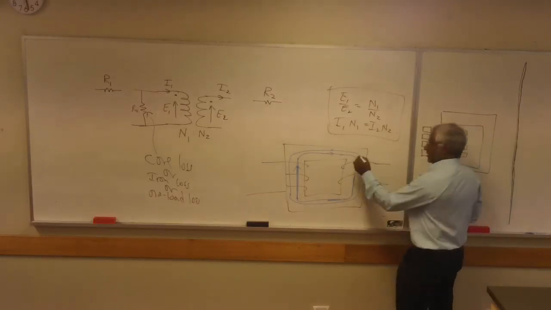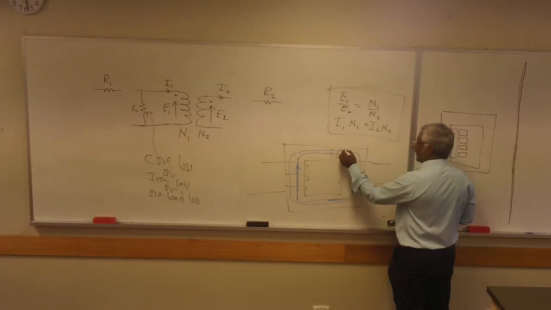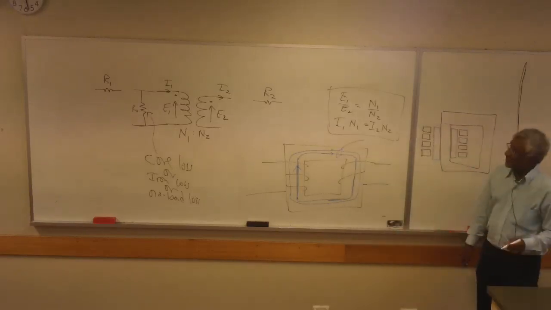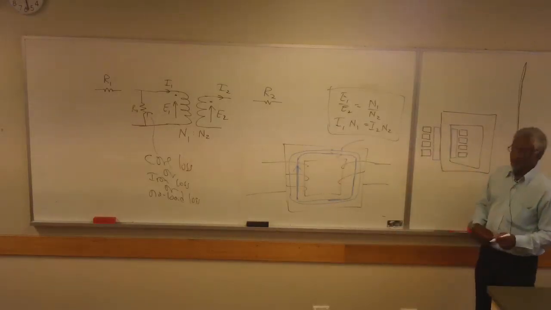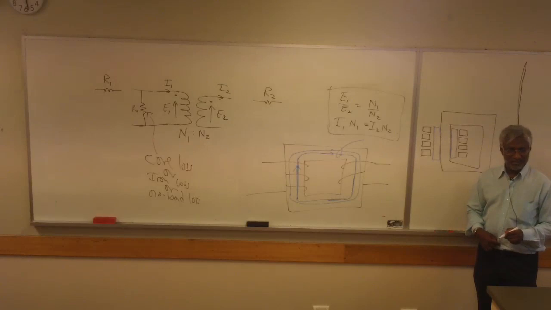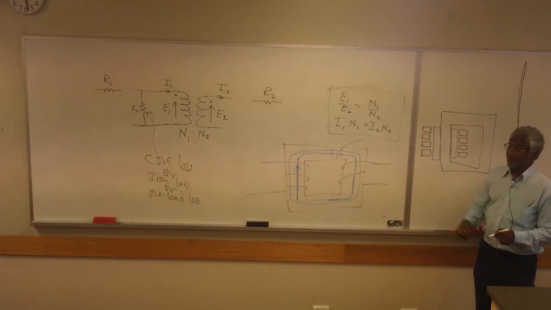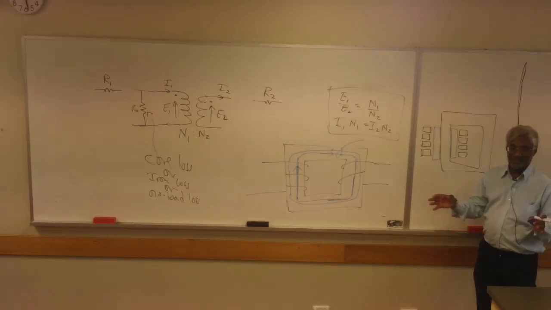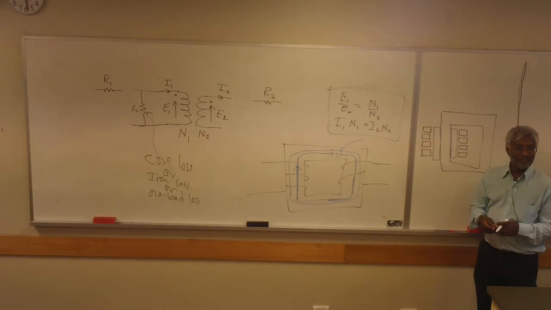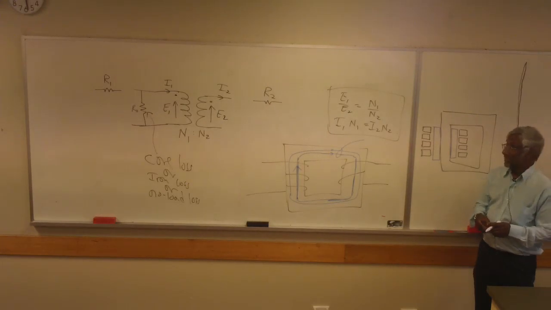And this bunch of flux lines, we could give them a name. What sort of name would you give to this bunch of flux? Any idea? Give it a name. It could be given quite a few names.